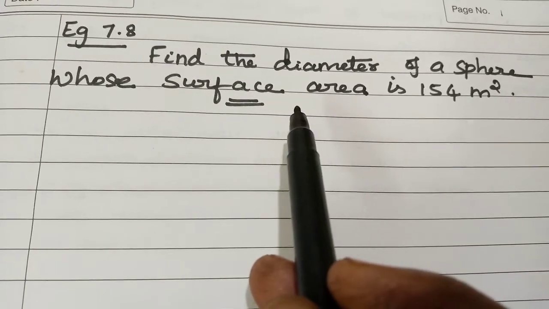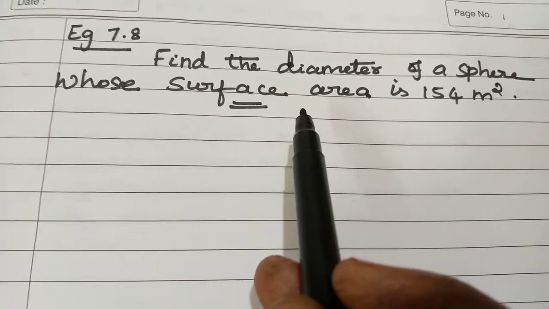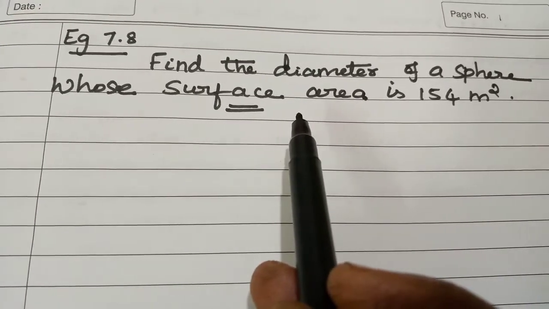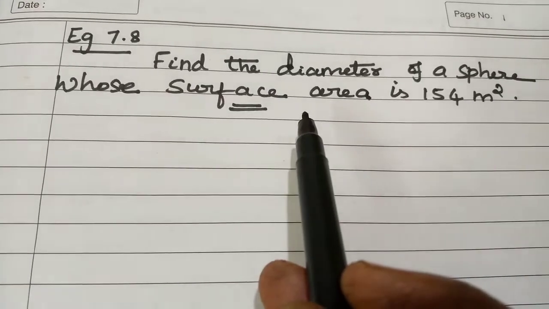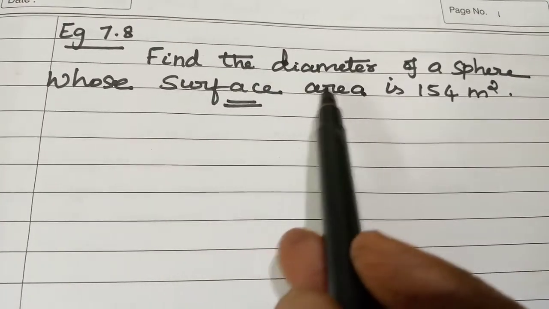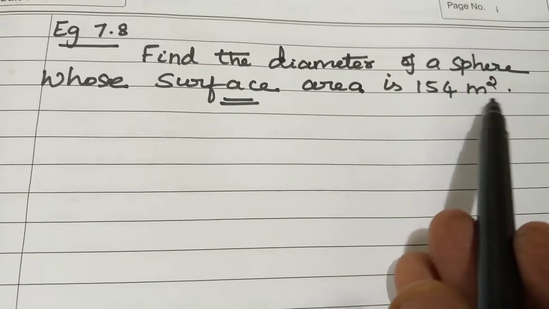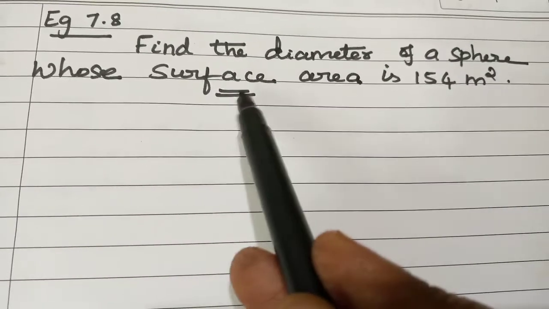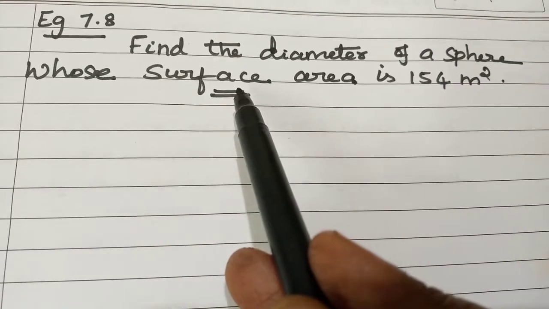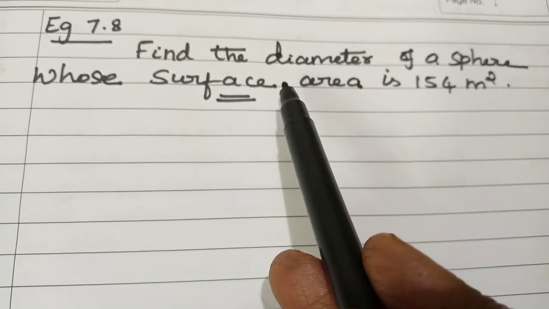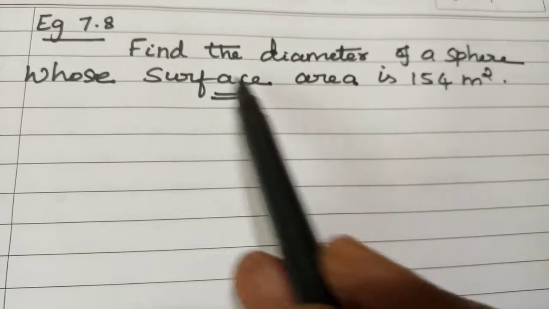The best example for a sphere we can consider is a globe. Globe is a best example for a sphere. We have to find the diameter of the sphere whose surface area is given 154 meters square. Surface area means TSA as well as CSA, both the same for a sphere. Diameter will be considered as the height of the sphere.